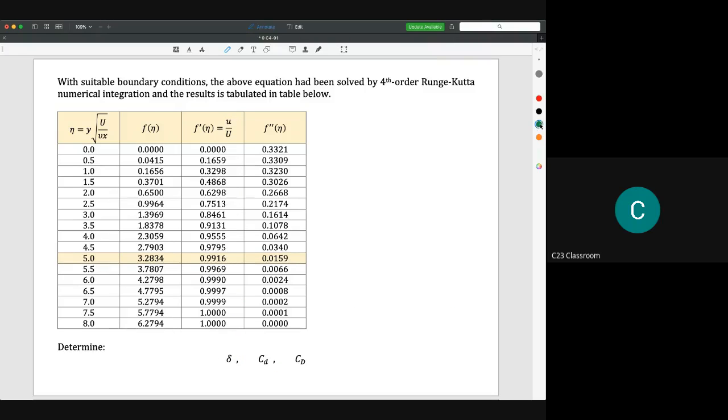If you take 0.9969, 0.9990, 0.9997 and so on, you are actually choosing a value which is nearest to 1, which is nearest to 100%. No, please choose the value which is nearest to 99%. So from this table, it is 0.9916. That's why I said so previously.